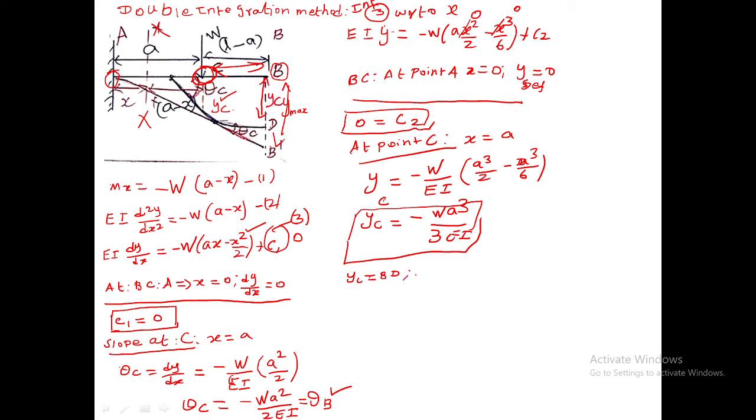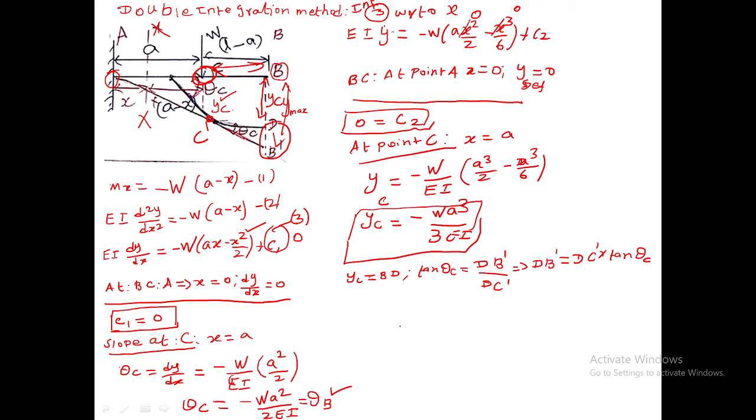Next, tan theta c equal to the opposite side DB dash divided by DC dash. So DB dash equal to DC dash into tan theta c.